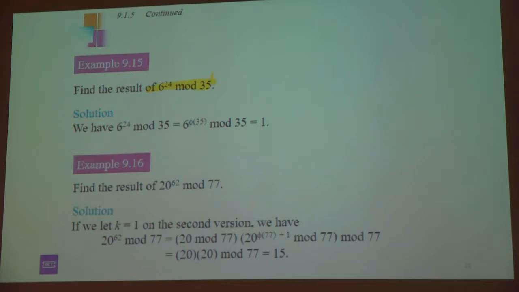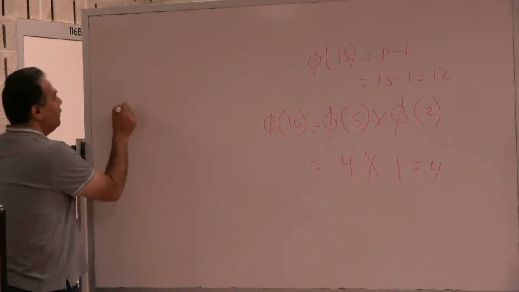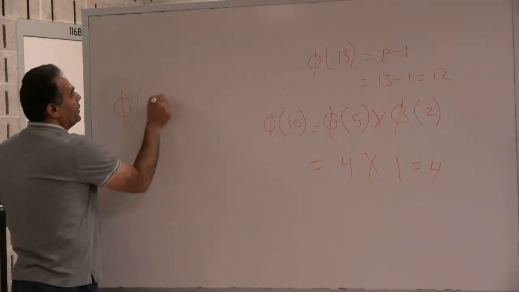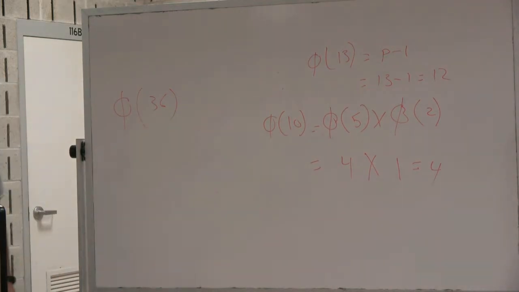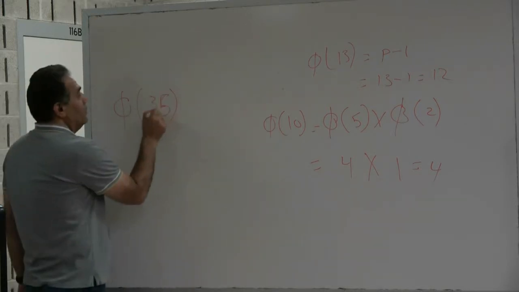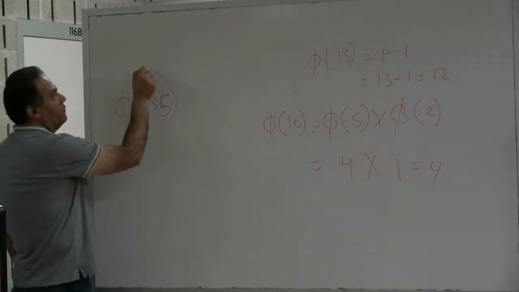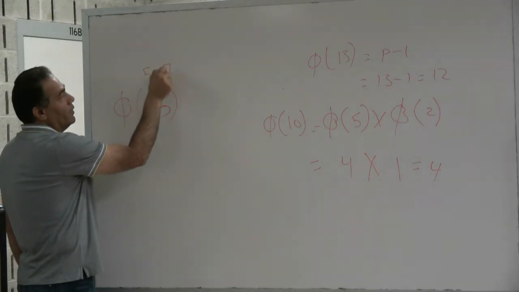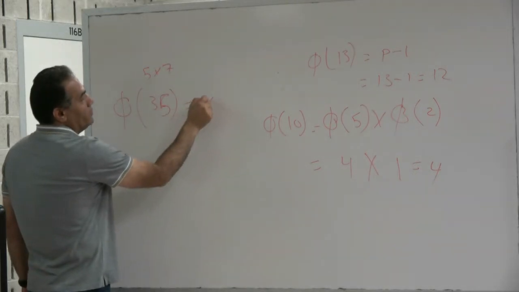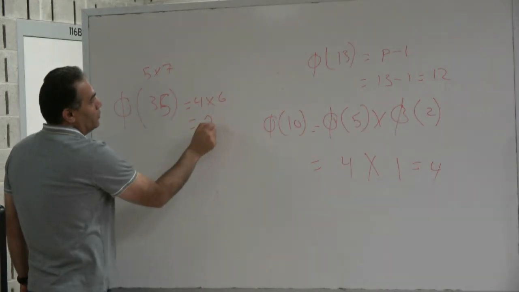If I calculate phi of 35, is 35 a prime? No. It's 5 times 7, so phi equals 4 times 6, which is 24.